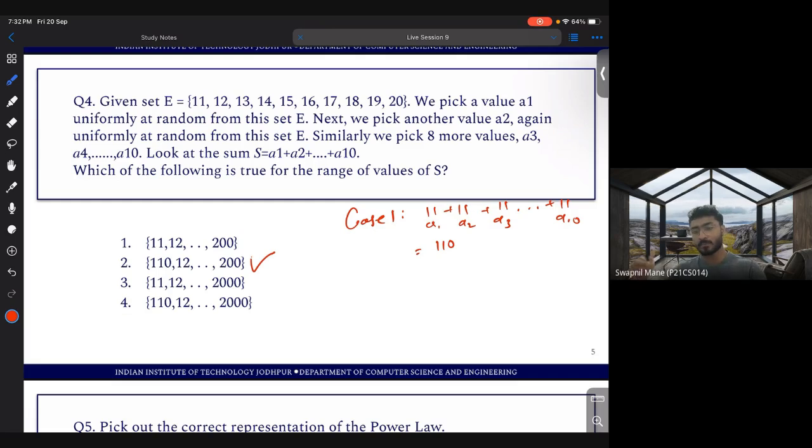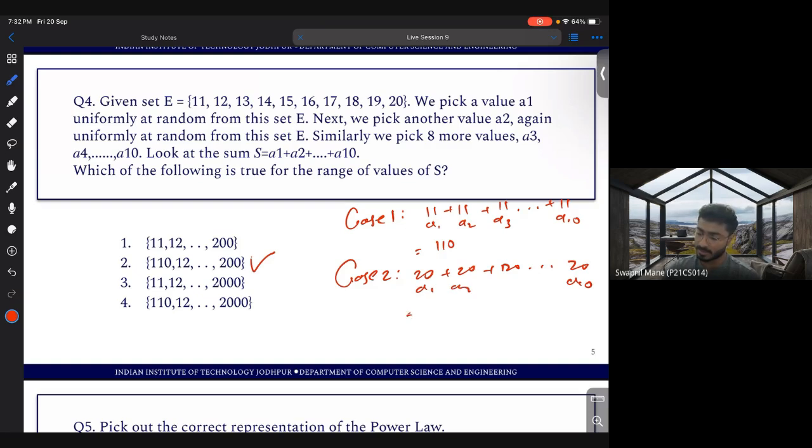Let's find the maximum value. What could be the maximum possible value of the summation? That is case 2. The maximum value in the set is 20, so at each of the 10 picks you pick 20: A1, A2, like this way up to A10.